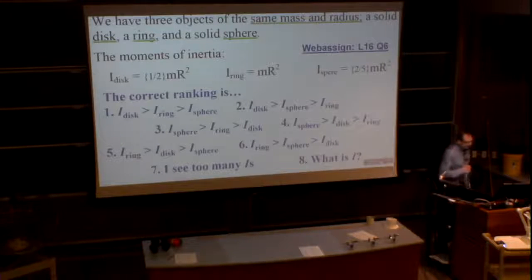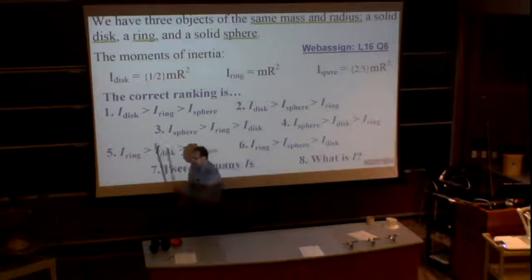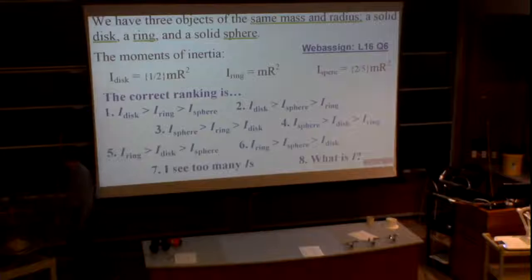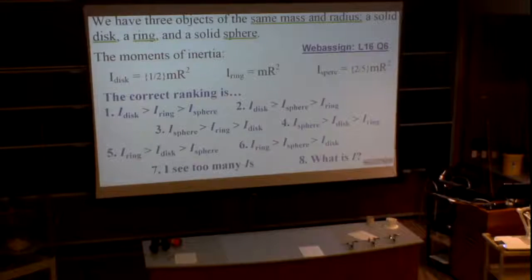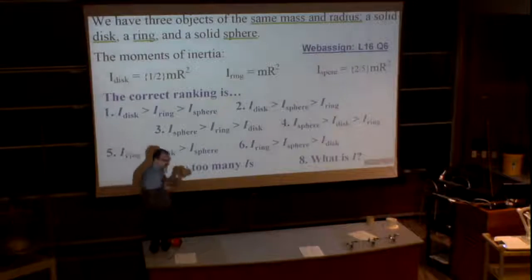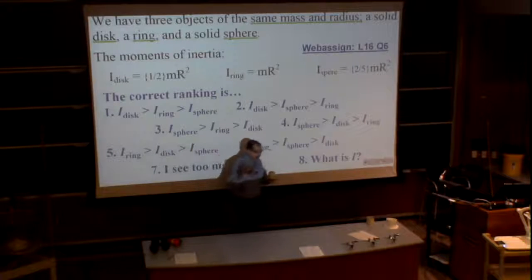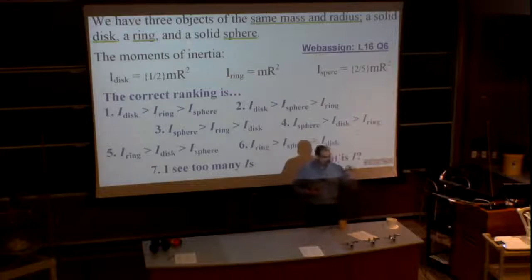Question. We have here 3 different objects which have different shape, but more or less the same mass and more or less the same size. A sphere, a hollow cylinder, and a solid cylinder.